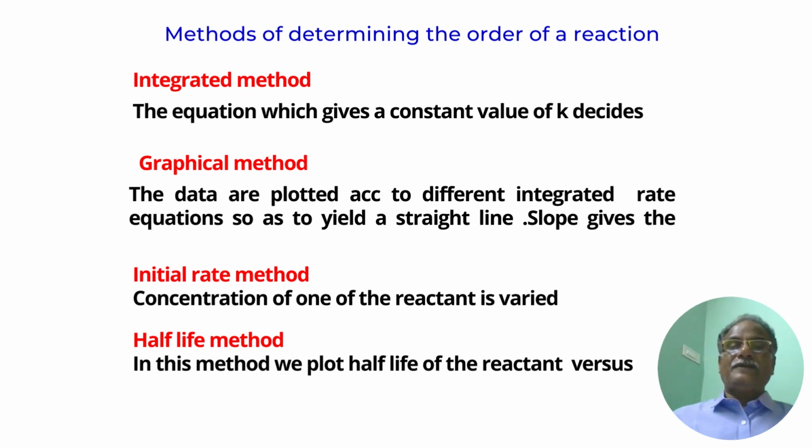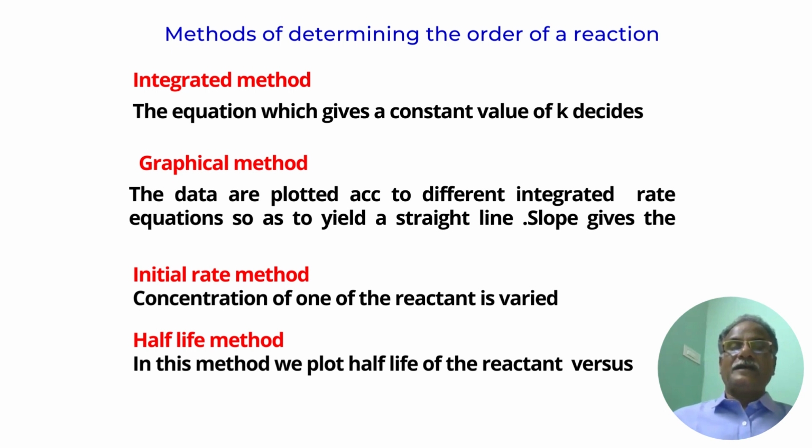There are different methods for determining the order of a reaction. Number 1, integrated method. The equation which gives a constant value of k decides the order of the reaction. In this method, we have to derive different values from the experiment, and then substitute them in the integrated equation for the rate constant.